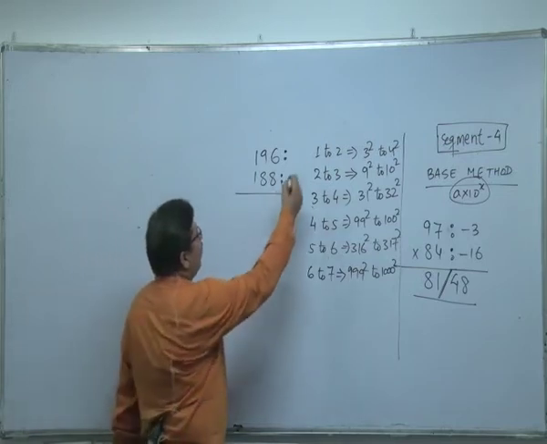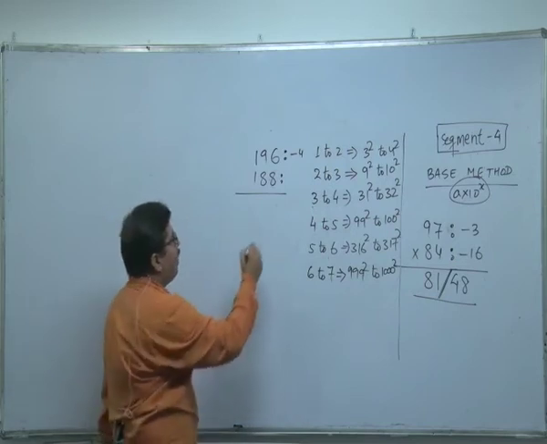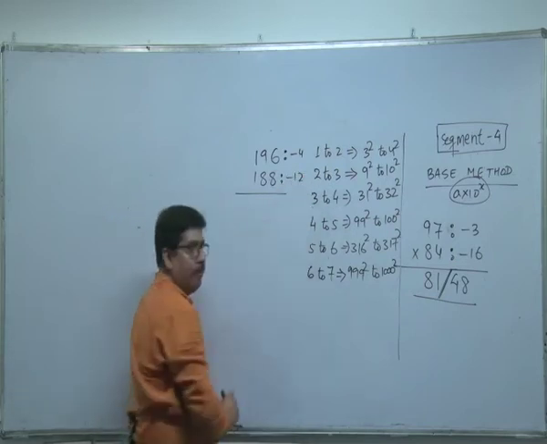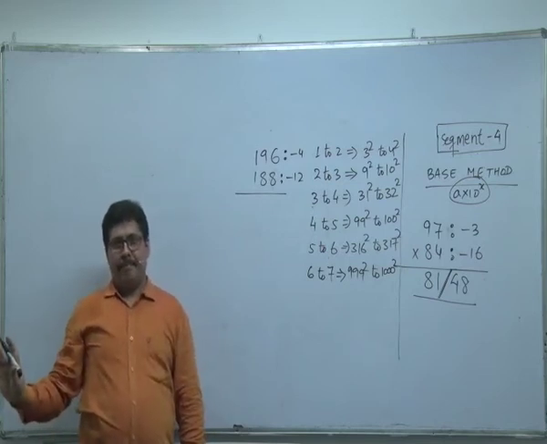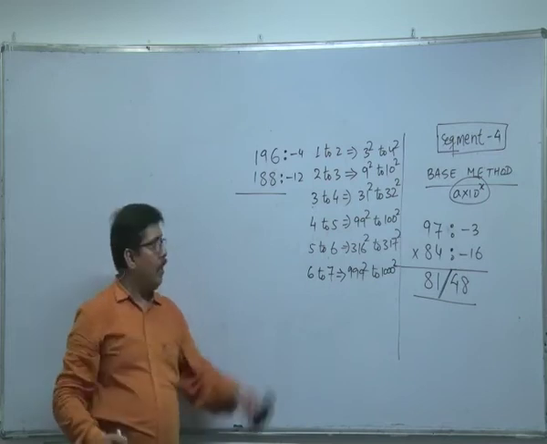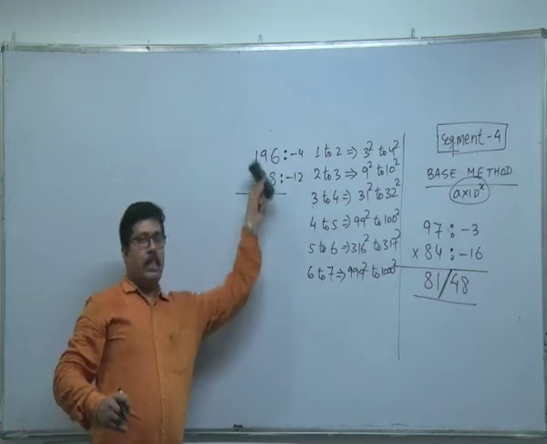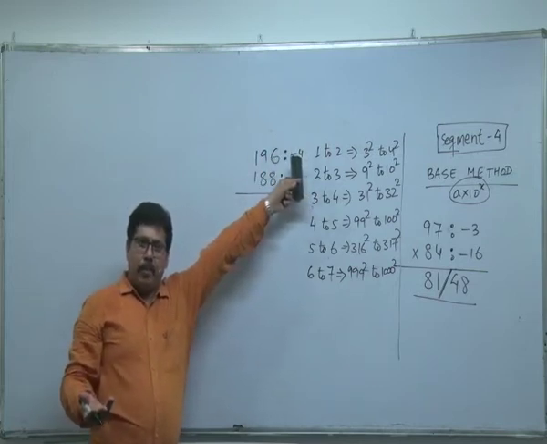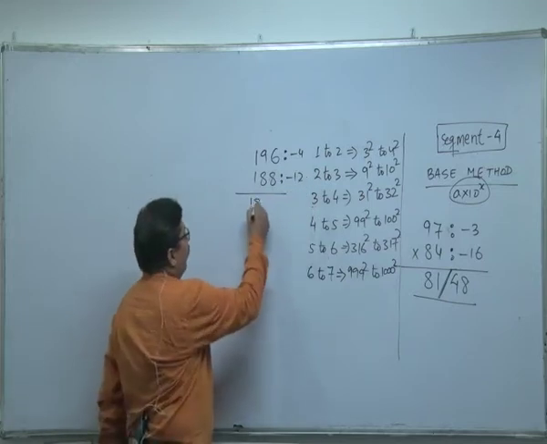So 196 minus 200 is minus 4, and 188 minus 200 is minus 12. Step number 1 is clear. Now step number 2 is cross addition. So this plus this is 184 and this plus this is also 184. It should be the same. So 184.